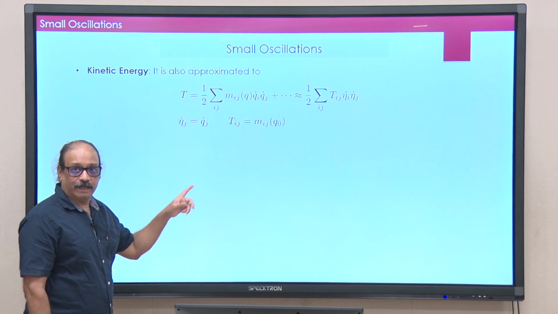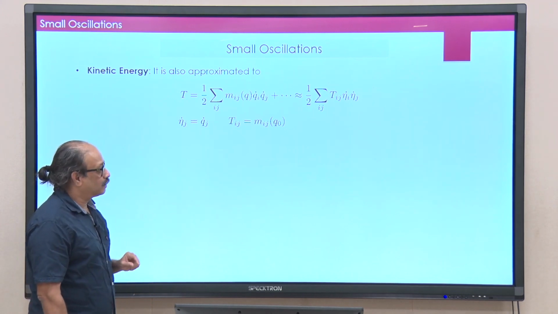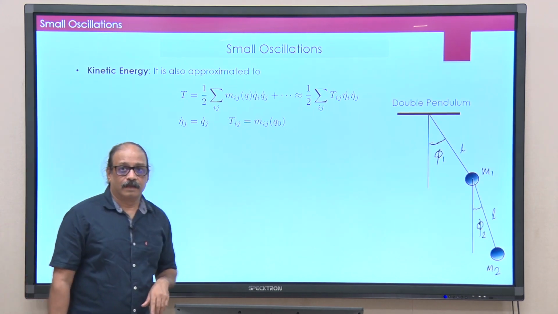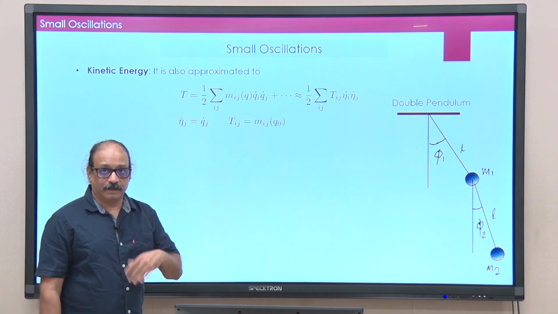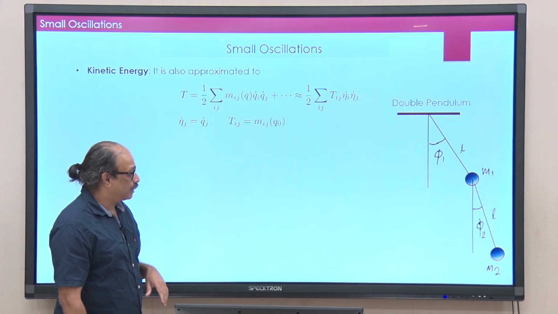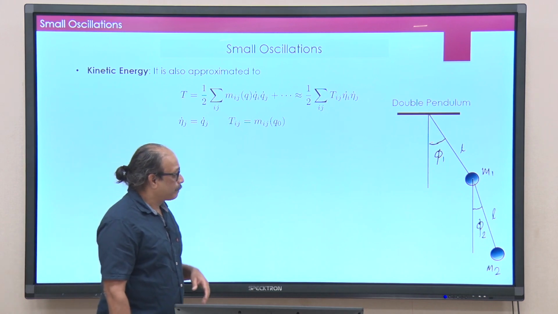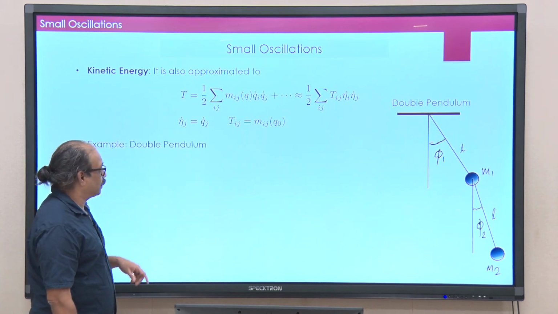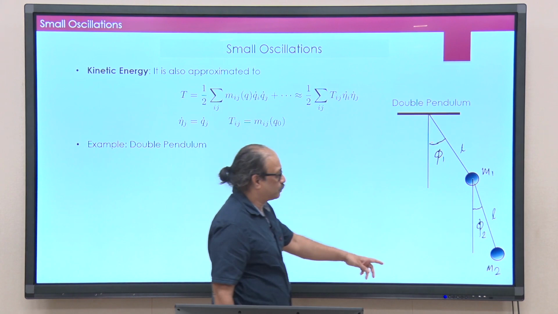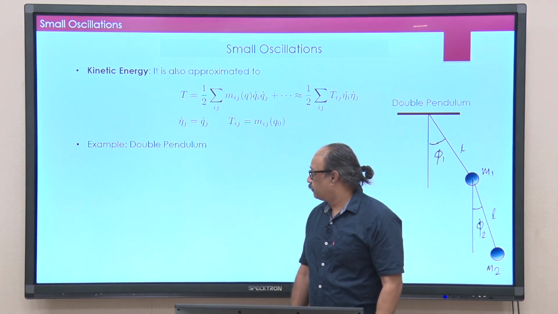To give you an example of what I mean, look at this double pendulum. I will do the detailed calculation in the next lecture or the lecture after that. But right now I will just show you the kinetic energy term, and this problem we have also done in one of the earlier weeks.